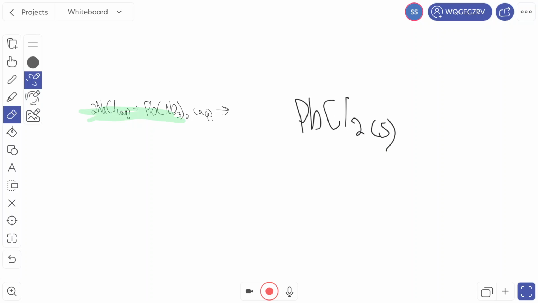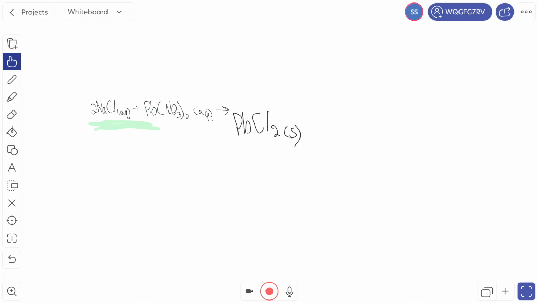I'll try to make one of those later on. But we'll also have to determine, using our solubility rules, whether something is aqueous or solid, a precipitate.